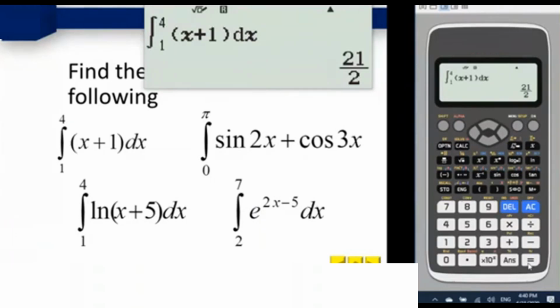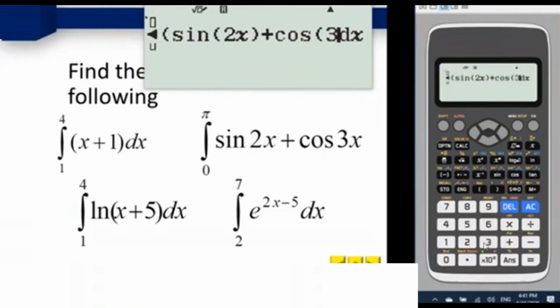Then the second part of the question is, please ensure the calculator is in radian mode whenever you are solving differentiation and integration of trigonometric functions. So I will press the integral. I will open up the bracket, sine 2x, bracket close, plus cos 3x, bracket close, and I will close the first bracket that I had opened up.